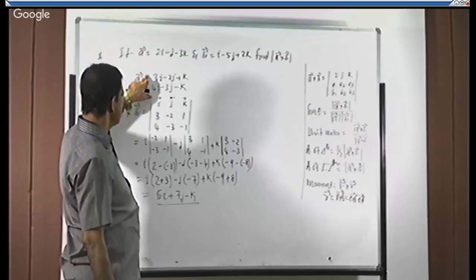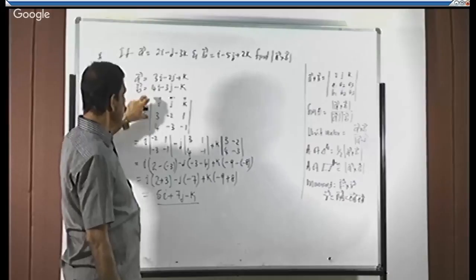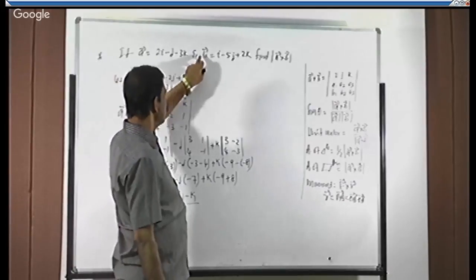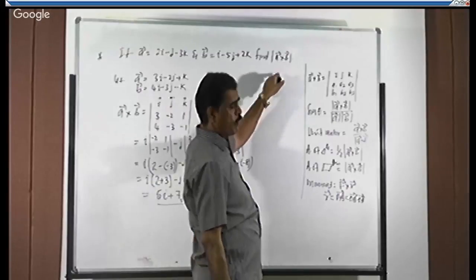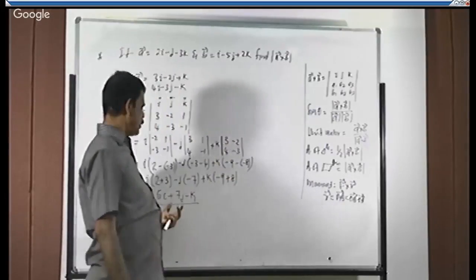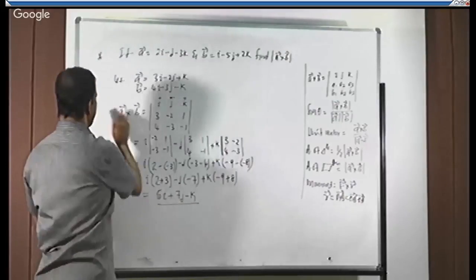Here we got A and B, and for that we found A cross B. Here also, for the given vectors you first get A cross B. Finally you will get a vector whose magnitude is to be found.